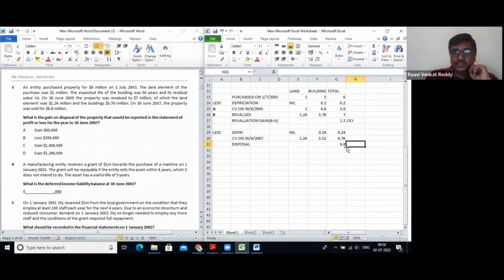So when you dispose it for 6.8, the difference is the profit on disposal.